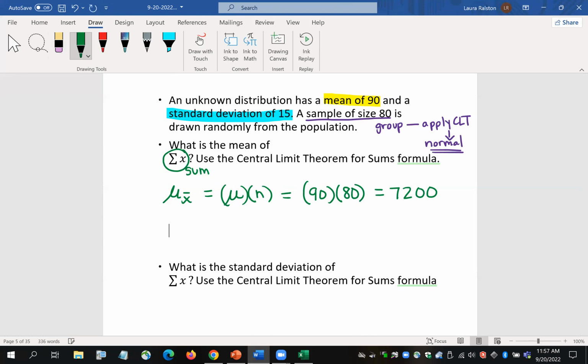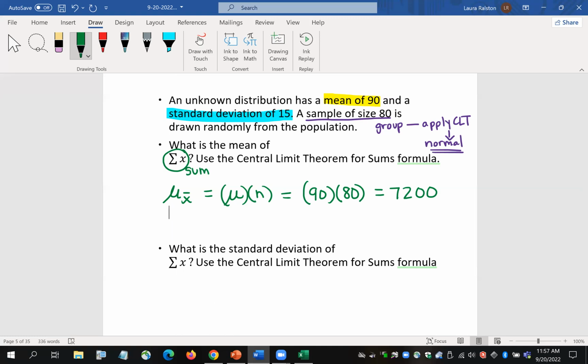Then it asks you, and you really have to calculate your mean and your standard deviation first because you need that information to plug into the problem in Minitab. Then it says, what is the standard deviation of the sum?